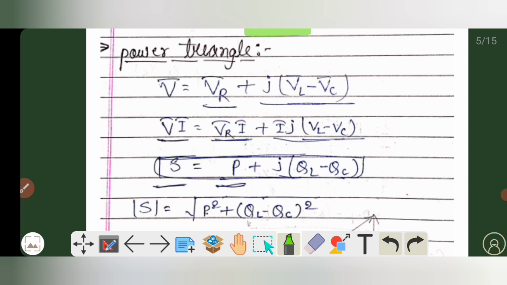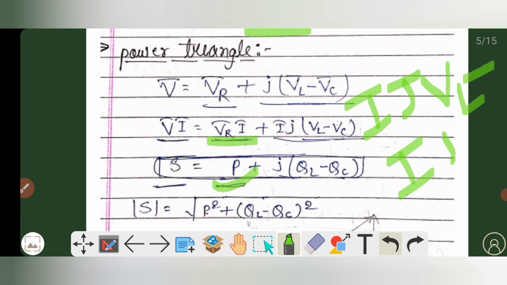So here we have denoted V into I by S, and we have represented VR into I with P, and we can say I into (VL minus VC). First of all, for understanding this case, we have to understand that if we break the equation, it will be like this, as you can see here: I j VL and minus I j VC.